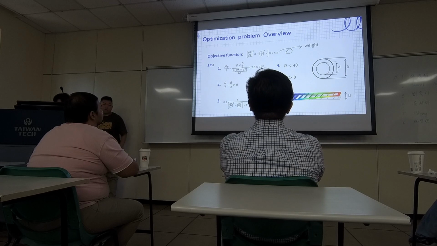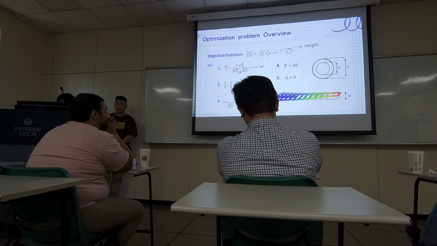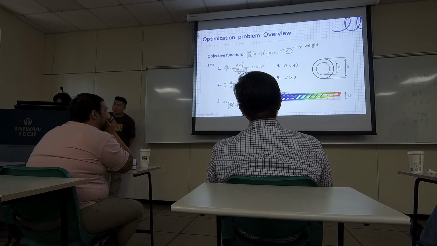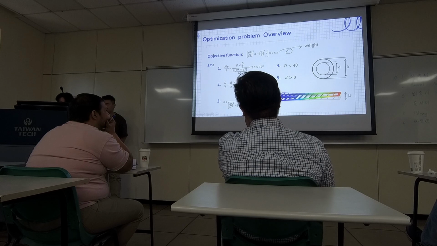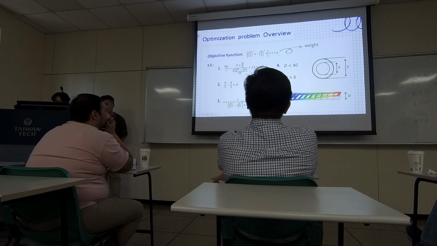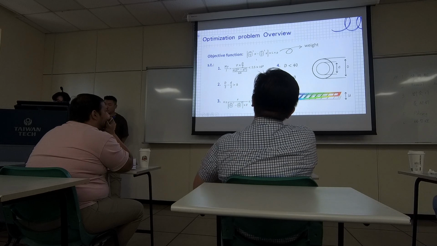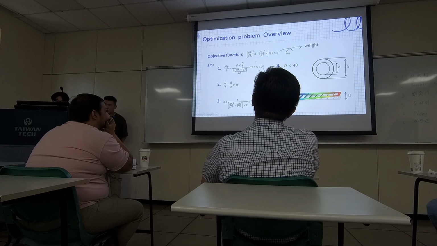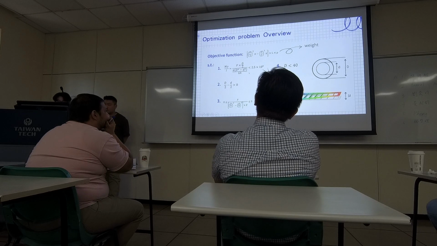Okay, so here's an overview of the optimization problem. Our goal is to minimize the weight of the carbon rod. So the objective function looks like this: the cross-sectional area multiplied by length and multiplied by density. And these are our design variables. And we set 5 constraints. The first constraint is tensile strength.